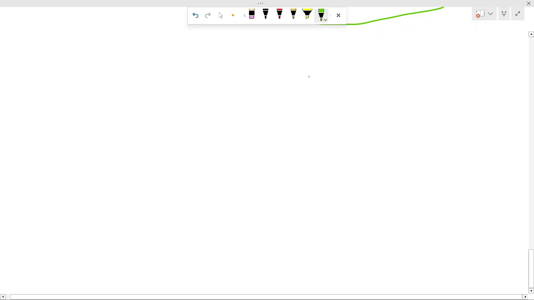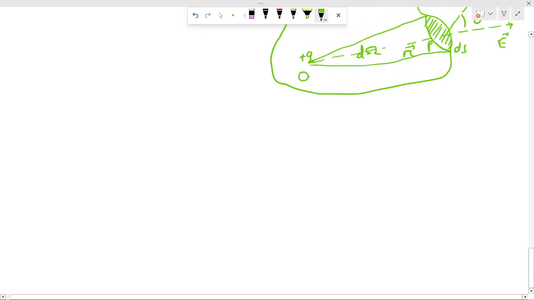So you have to consider a few points here. Let a point charge plus q coulomb be placed at O, as I have shown here. Here a plus q charge is placed at your point O within the closed surface. Let E be the electric field strength at P. Let OP length be R, and the permittivity of free space or vacuum is epsilon naught.